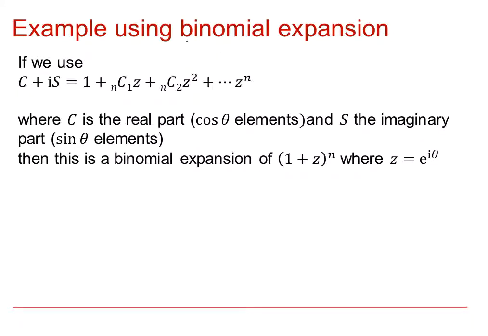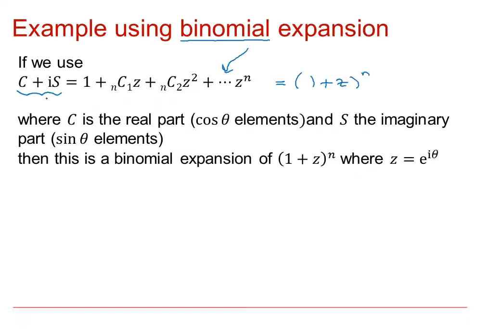Now we're going to look at an example which involves a binomial expansion, and I hope you recognise the right hand side of this as being the binomial expansion of (1 plus z) to the n. We've equated this to something called C plus iS.